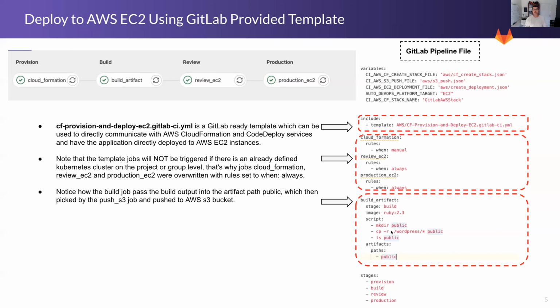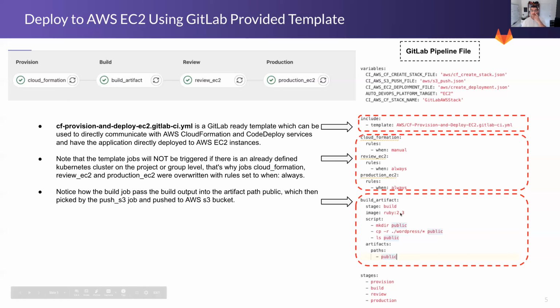In this case, I'm using the Ruby image, but you can use other images. All I'm doing here is making a folder, right? I'm copying my WordPress application from the repo where this project is hosted into that folder, which is named public, and running ls just to confirm. And then I'm making this folder an artifact, where the content of this folder will be preserved to be accessed by subsequent jobs.